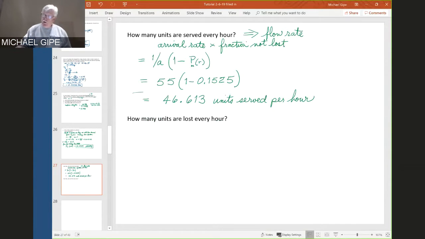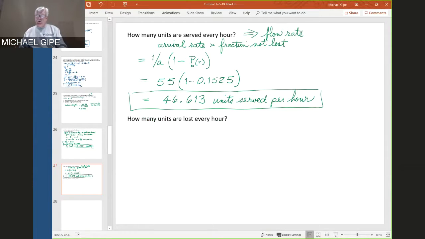So notice we have 55 coming in, but we're only able to handle 46, almost 47 of them in each hour. So we're going to lose a whole bunch. How many units are lost every hour? Well, the number of units lost is going to be 1 over A, that is what's the flow rate coming in, times the probability of loss.